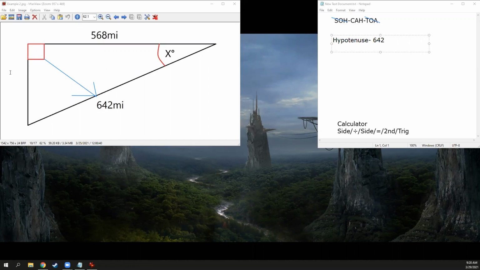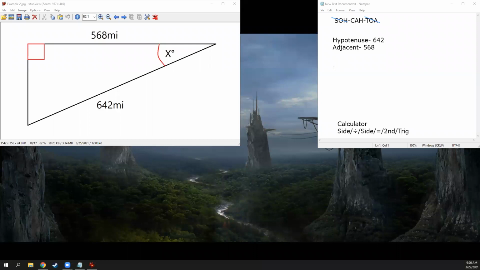And now, if there's no opposite side, and you have the hypotenuse, that leaves this side right here, which is named the adjacent. And by process of elimination, we have figured out that the adjacent side is 568. Put it over here. All right. So we figured those two out, which means we can already set up our equation pretty easily.